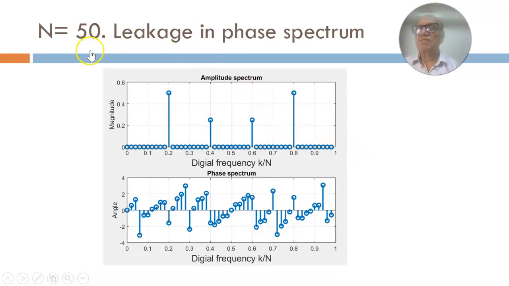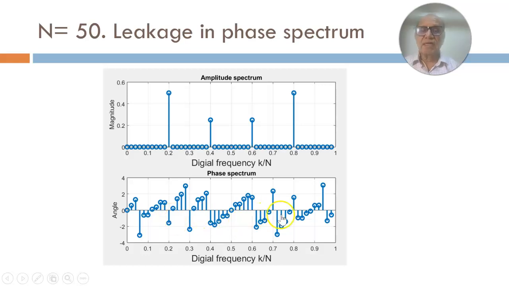Now, if you plot this for n equal to 50, when n is so large, you will find a lot of leakage in the phase spectrum. This is because we have not set the phase angle to 0 using that particular condition, which we have explained before.